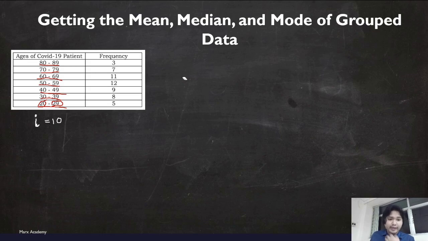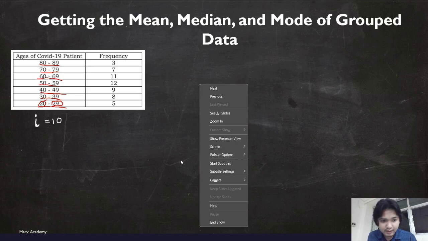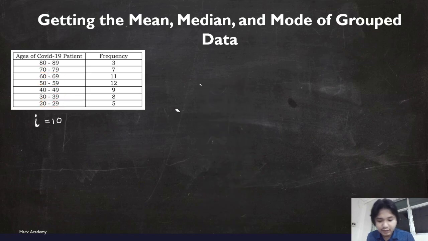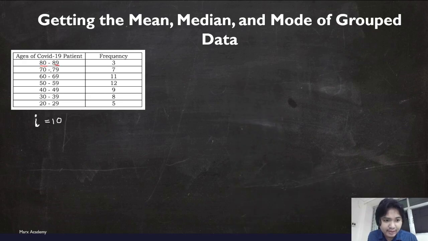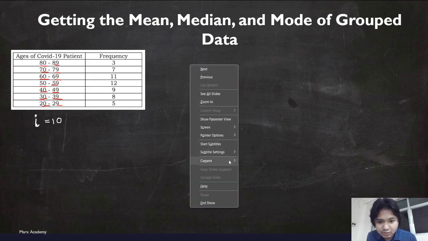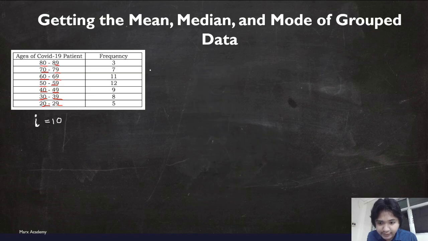In getting the class mark, we have to get the average of these two numbers in each age group, that is, add them and divide by 2. The class mark is denoted as capital X.